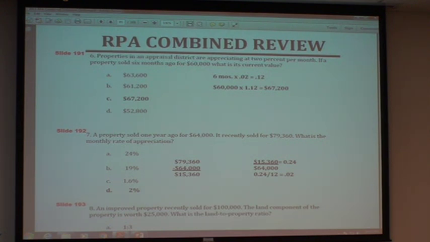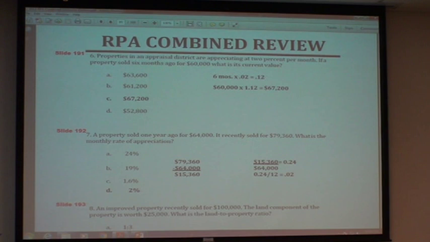It's sold now for $79,360. So what are we going to do? We'll take the $79,360, subtract the 64. So it went up $15,360 in the year. So $15,360 divided by the earlier sales price means it went up 24% a year.